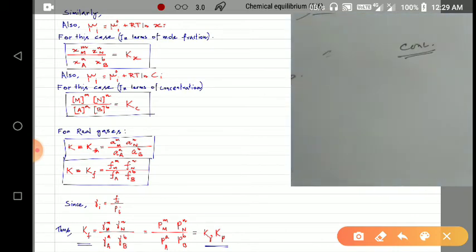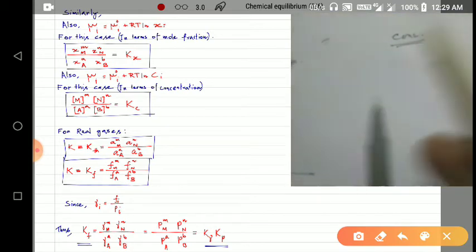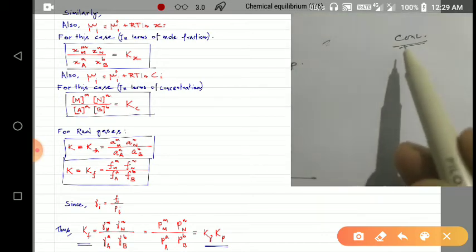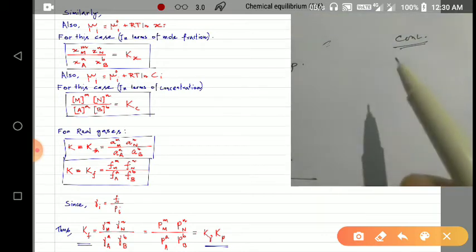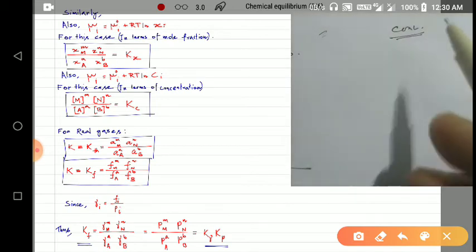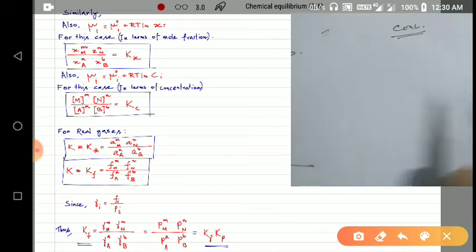We can calculate the concentration by using some chemical method, or by doing some titration. Potentiometric titration we can also use, or we can even use some conductance measurement. So concentration can be known.